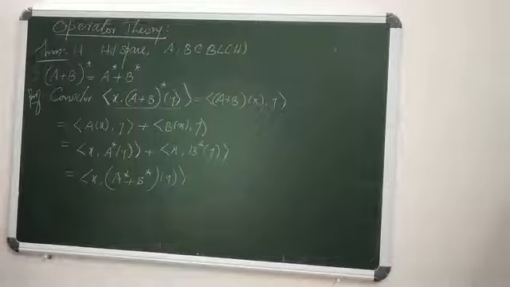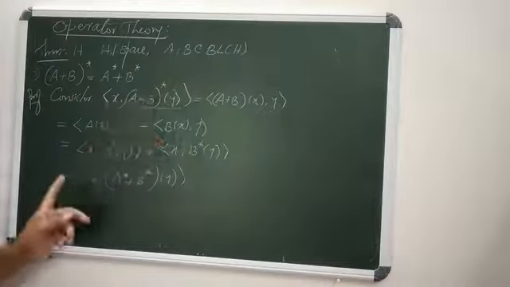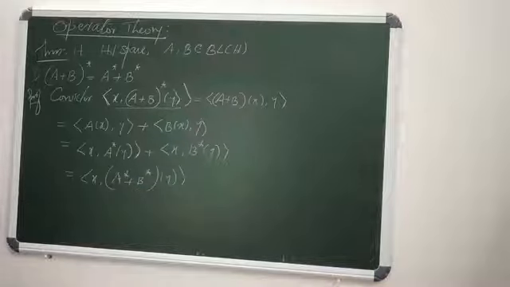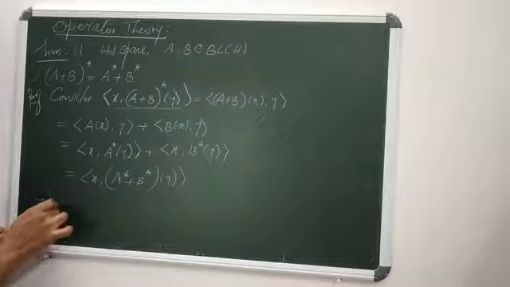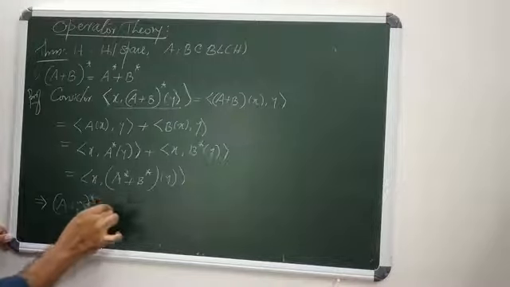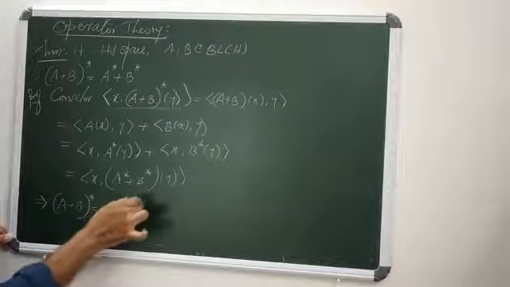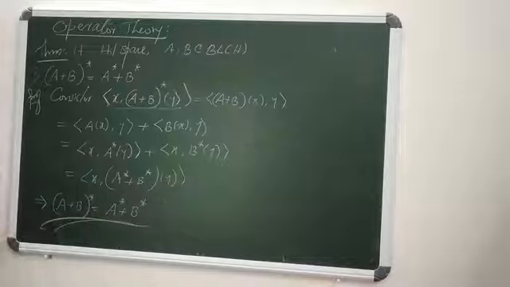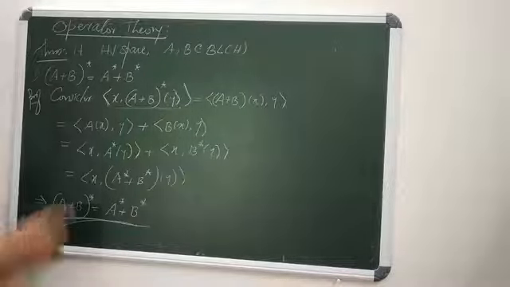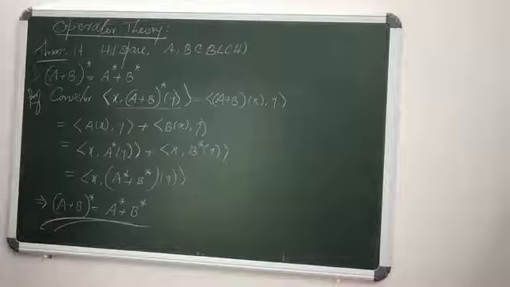Finally, inner product X, (A plus B) star Y equals inner product X, (A star plus B star) of Y. Then from here we conclude that (A plus B) star equals A star plus B star. This is our first property. If A and B are any two bounded linear operators on H, then (A plus B) star is nothing but A star plus B star.